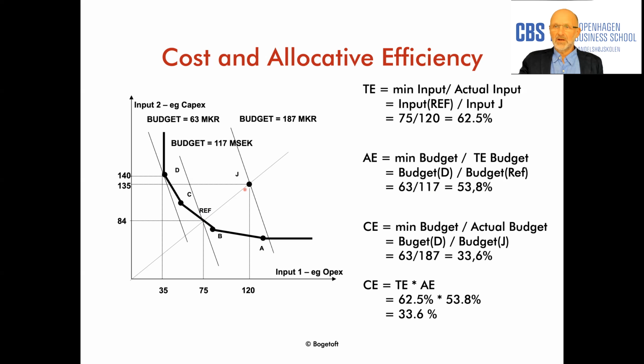So one way to calculate the saving potentials in this direction is to say it's 75 divided by 120. Or you could also say it is 84 divided by 135. It will give the same ratio because you do proportional reductions. So that's basically this idea of technical efficiency, as I write over here, it's like the minimum input divided by the actual input.